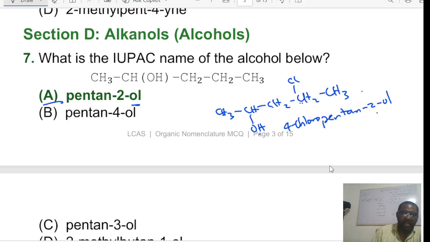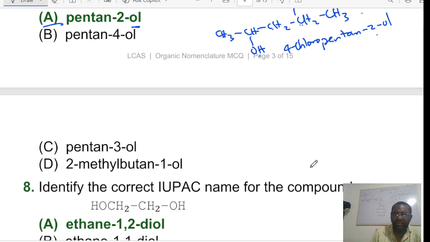Now I also want to add something here very briefly, that this type of alcohol is called a secondary alcohol. Now we have primary, secondary, and tertiary alkanols. For you to know a primary alkanol: if the carbon bearing the OH has two hydrogens like this, this is primary, like ethanol.